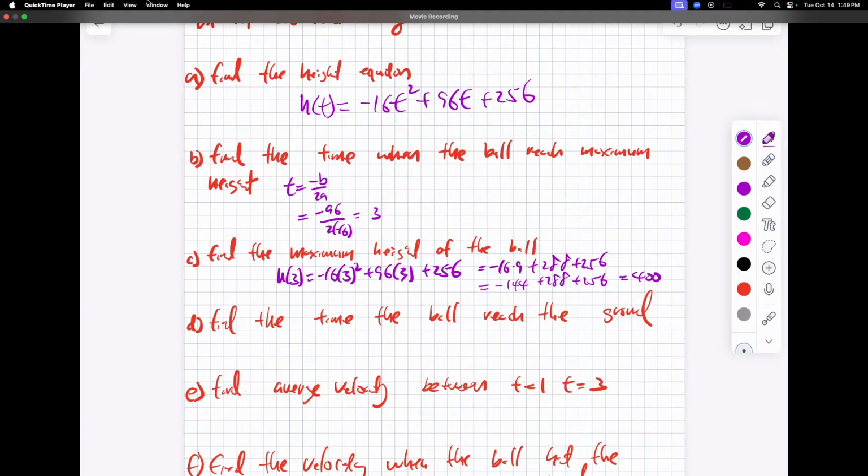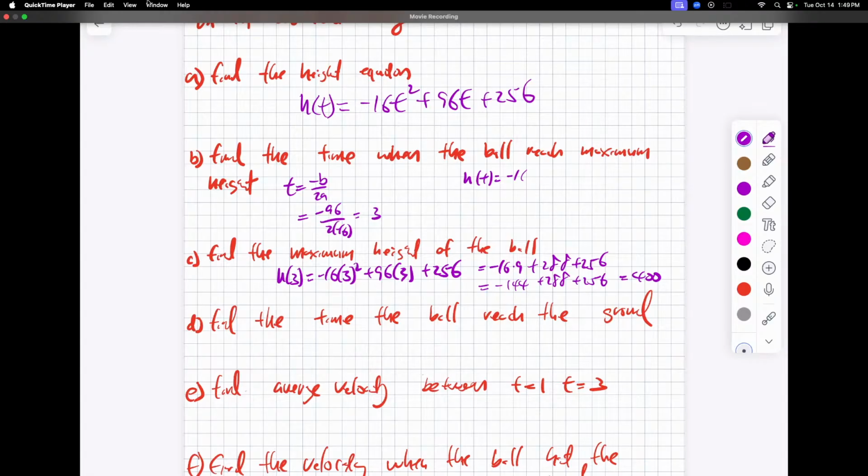And this would be what? And this one. So you just plug in, or t equals negative b over 2a.